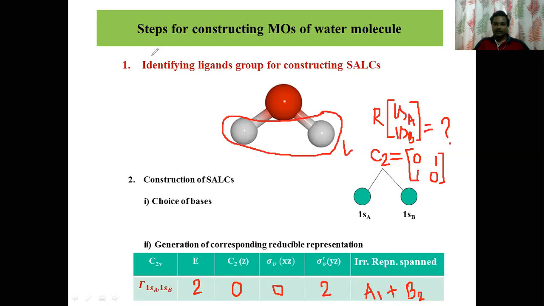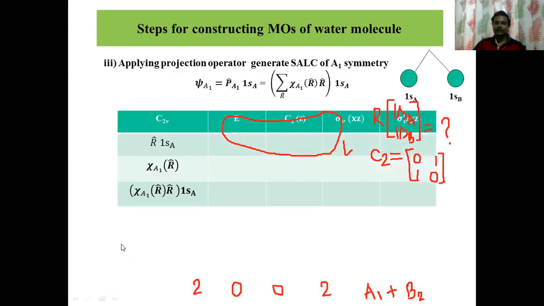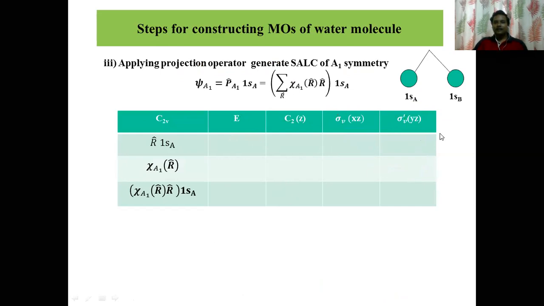So how are these combinations going to look? For that we need to go for the projection operator, right? So let's do the projection operator, how this projection operator is going to look. Now here, if you can see, I'm going to go for the SALC of A1 symmetry, right?